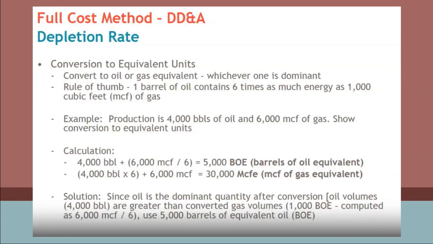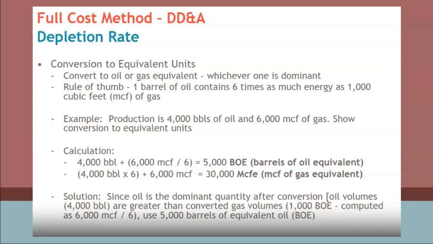Now flip that. If we take the 6,000 MCFs, we need to multiply the barrels of oil times 6, so going back to algebra days, which gives us 30,000 MCFE of gas equivalent.